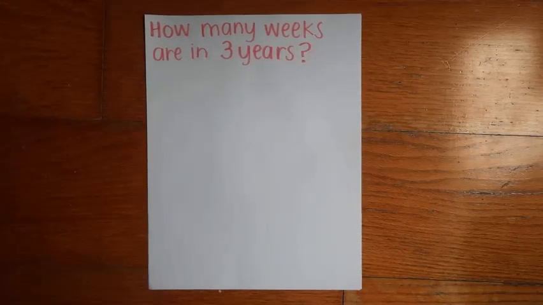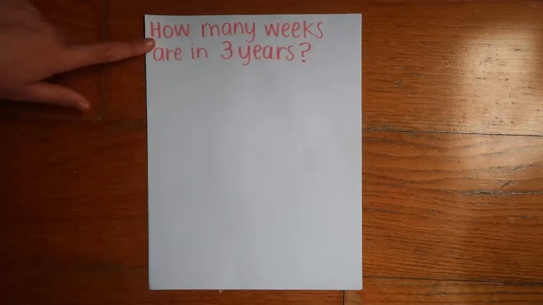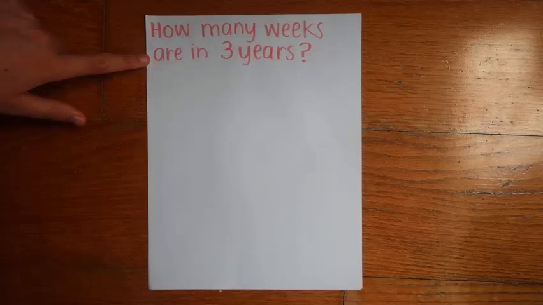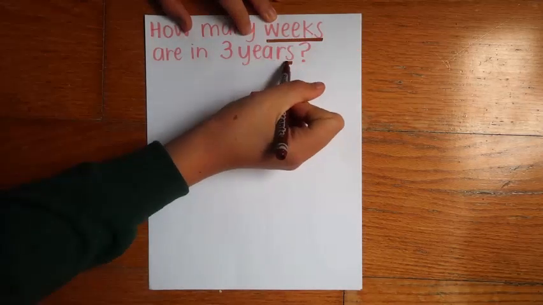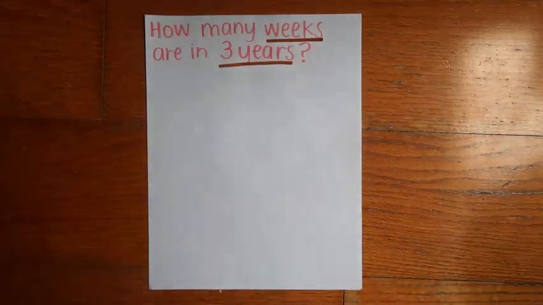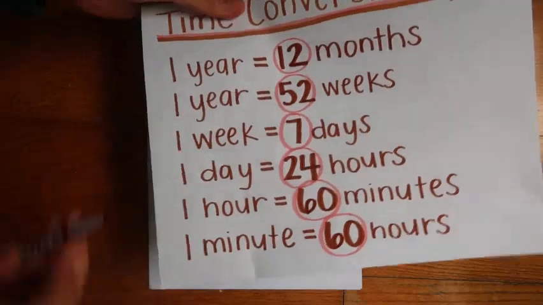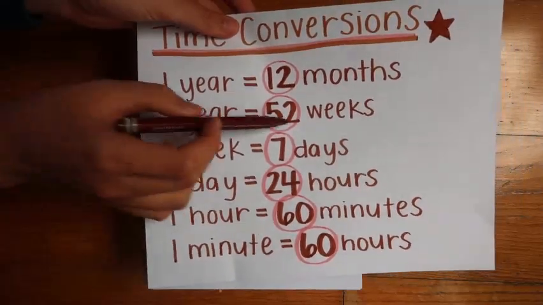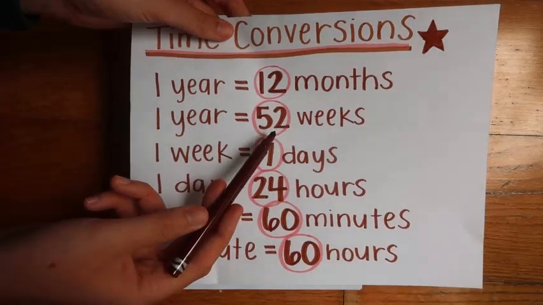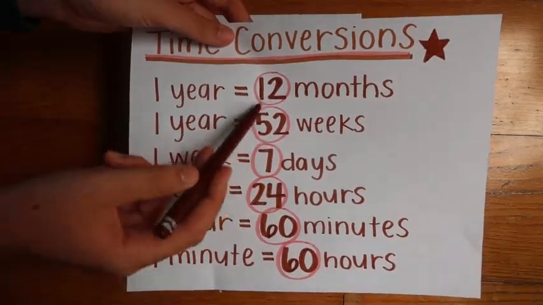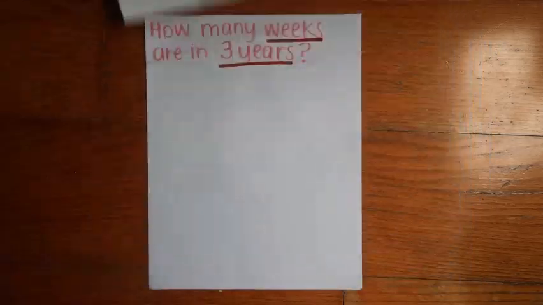All right, with this next one, it says how many weeks are in 3 years? So I'm going to look at my conversion chart and look for weeks and years. I can see 1 year equals 52 weeks. 52 is going to be my magic number there.